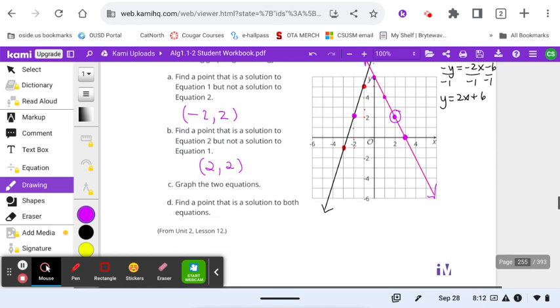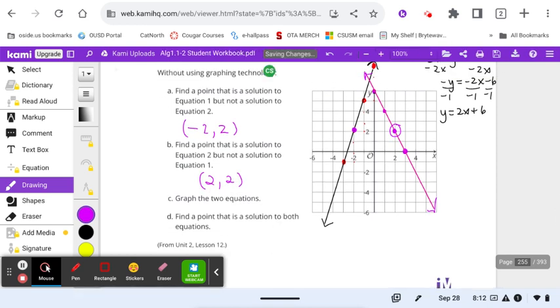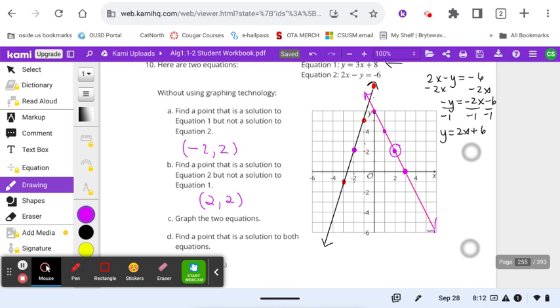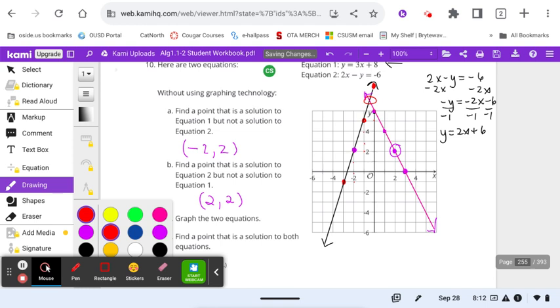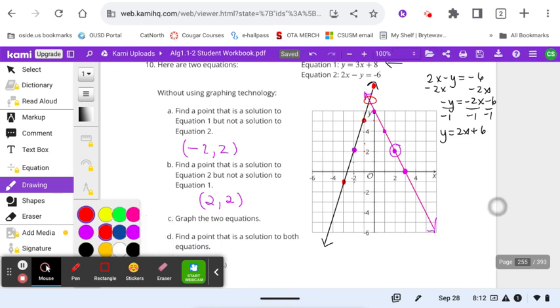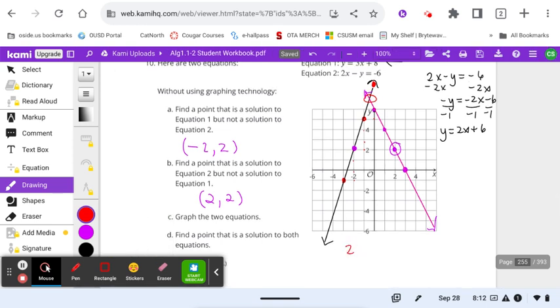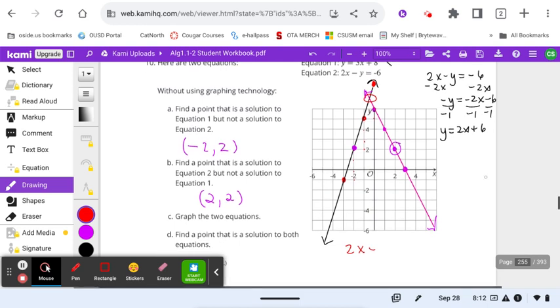Graph the two equations and find a point that is a solution to both. So we can see that somewhere up here it touches. Okay, well, where exactly does that touch? If I'm using graphing technology, I can tell. If I'm not using graphing technology and it ran off my graph like that, I'm going to want to do the algebra to make sure I did it right.